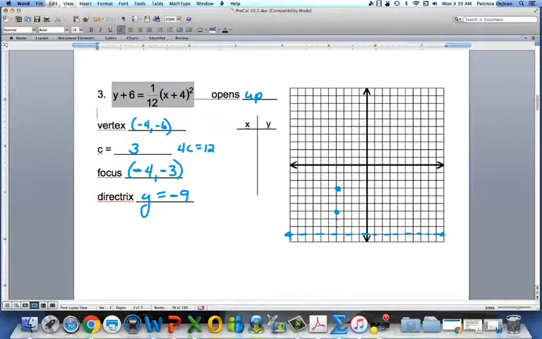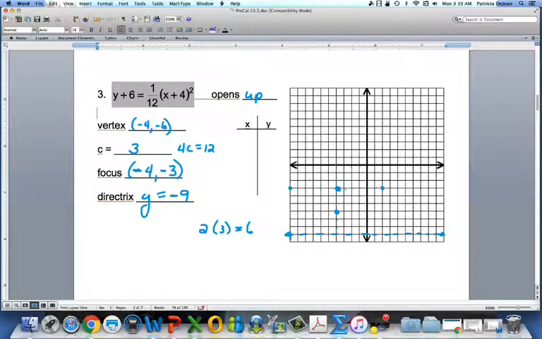Okay, and so if C is 3, 2 times 3 is 6. So our other points on the parabola are going to be located 6 spaces to the left and right of the focus. So 1, 2, 3, 4, 5, 6. There's a point there. 1, 2, 3, 4, 5, 6. There's a point there.